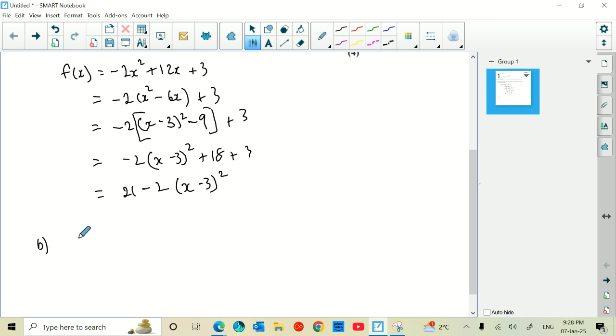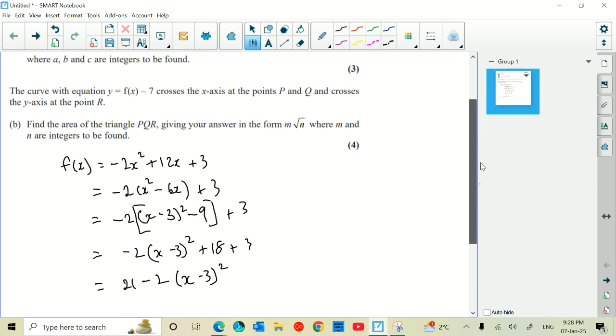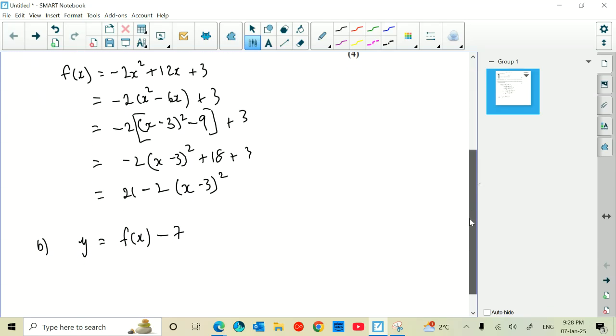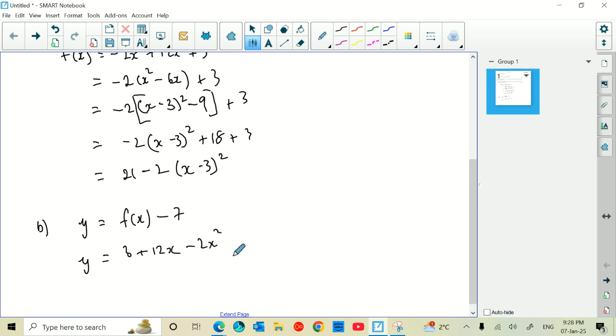We have y is equal to f(x) minus 7, and that's where we're going to start. So we need to make sure that we use this minus 7 in our given equation, which is y is equal to 3 plus 12x minus 2x squared, and of course now minus 7.